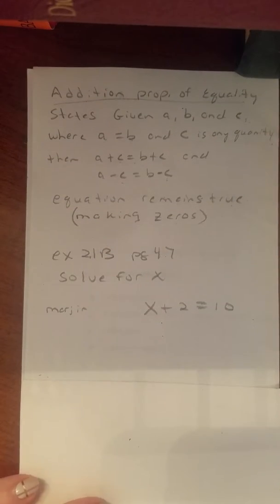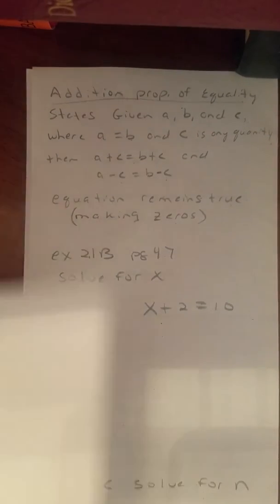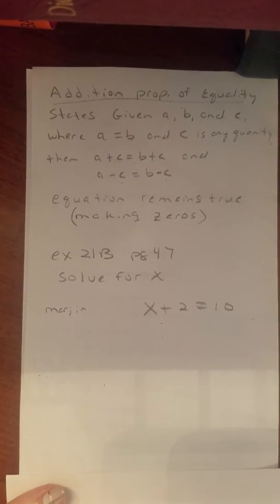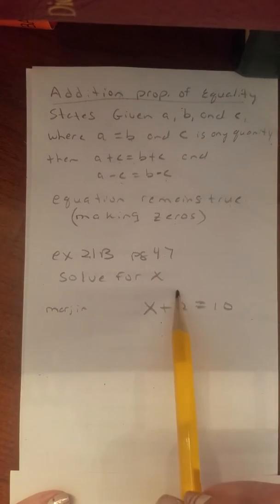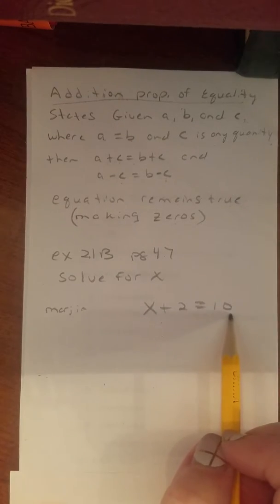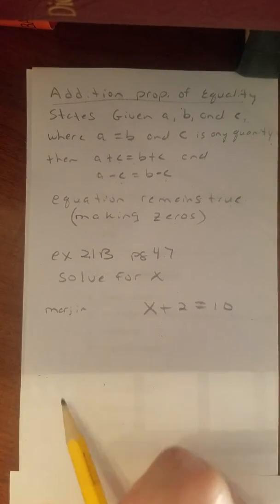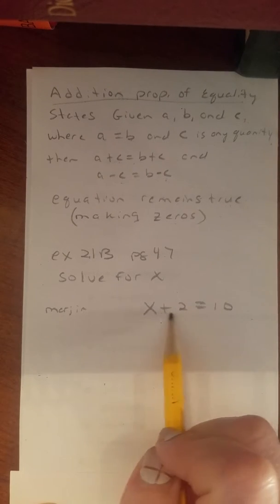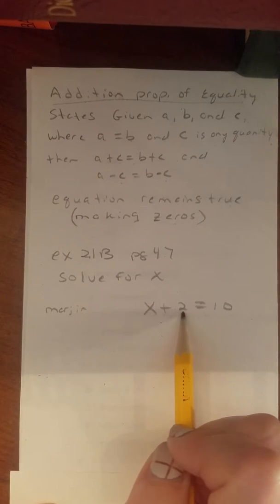So let's look at this example, 2.1b on page 47. It says solve for x. So here I have x plus 2 equals 10. Now off to my margin here, I'm just going to note, okay, what are they doing with the x right now? They're adding 2.